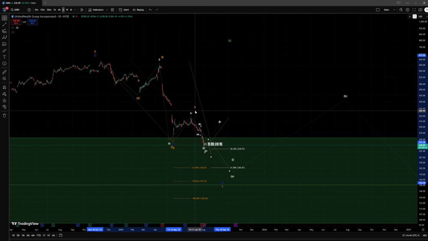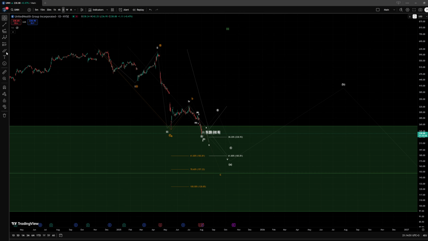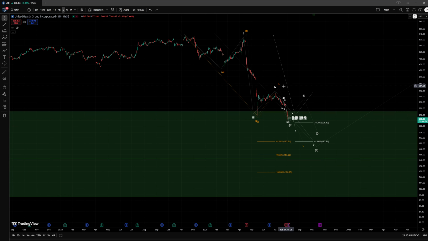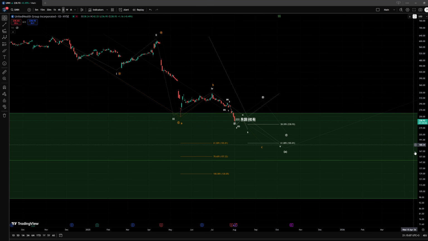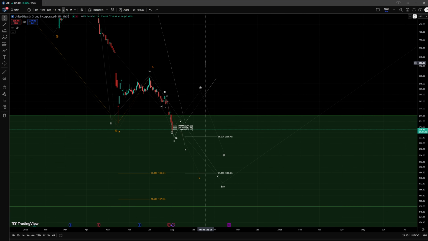But in this case I am a little skeptical of this movement to the downside getting directly to the 100% extension due to how weak this retracement in wave B was. So yeah, I could see it quite easily get only to the 61.8% extension level in this case. And that is about it about the structure here.